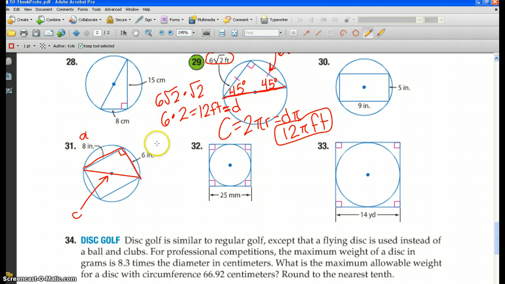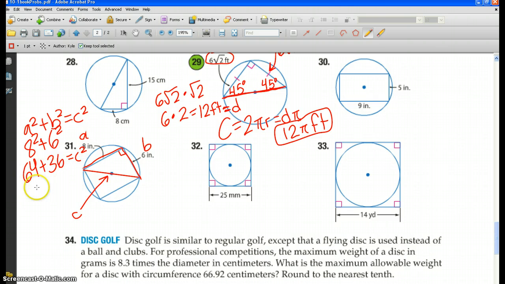So A is 8, B is 6, find C, use the Pythagorean theorem. A squared plus B squared equals hypotenuse squared. 8 squared is 64 plus 6 squared is 36 will be equal to C squared, hypotenuse squared. So that is 100 is equal to C squared.